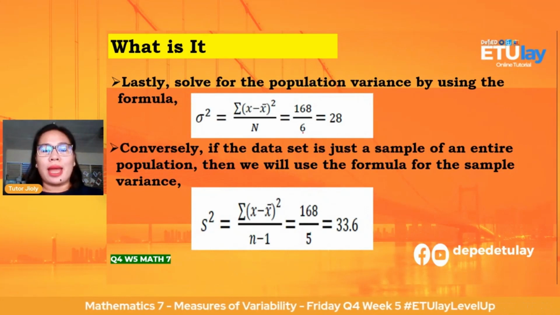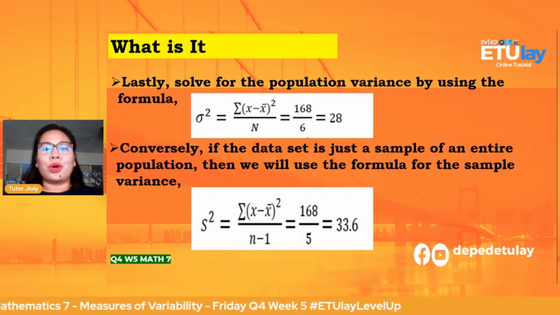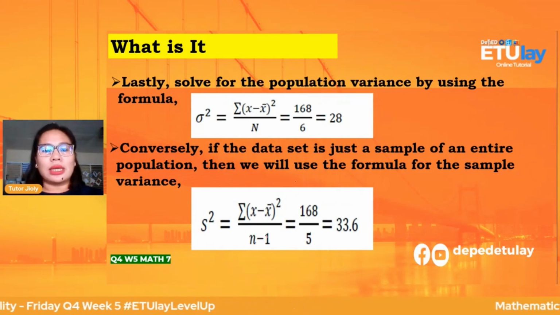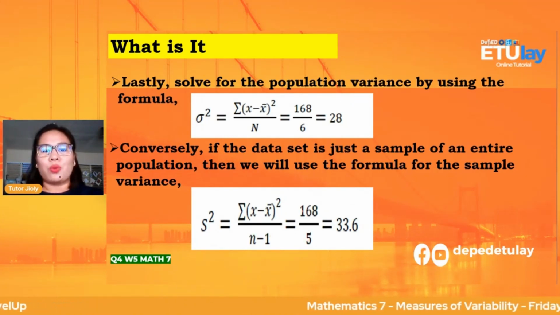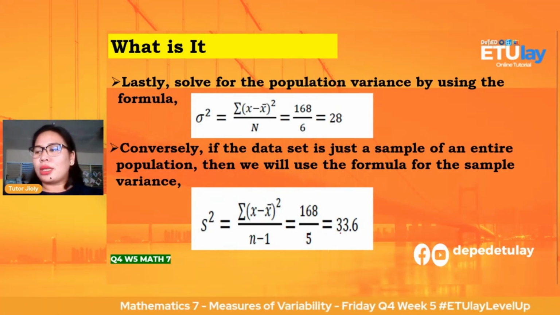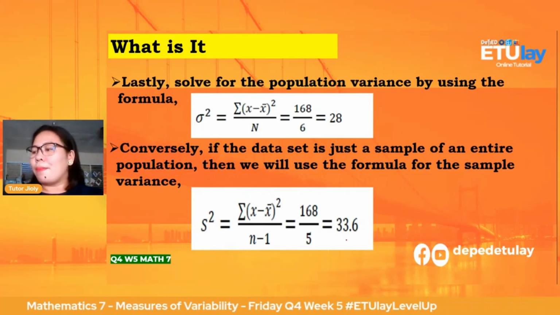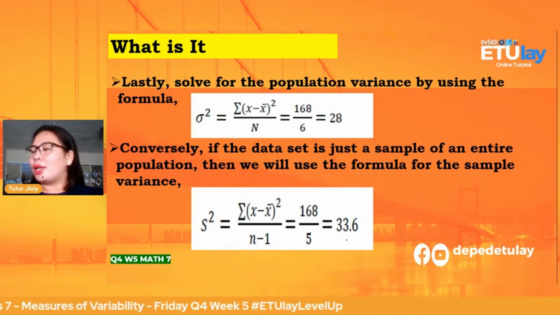The n is 6 because we have 6 data. Subtracting 1, that is 5. Then proceed to division: 168 divided by 5 is 33.6. I hope you can follow, children.